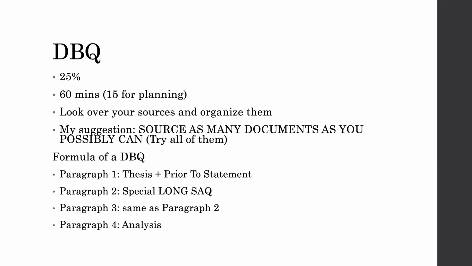Right? Information in the prior two should be able to help you segue into maybe the effects of the Civil War, or maybe the beginning of the Civil War, or anything of the sort. So that's thesis two and prior to statement.